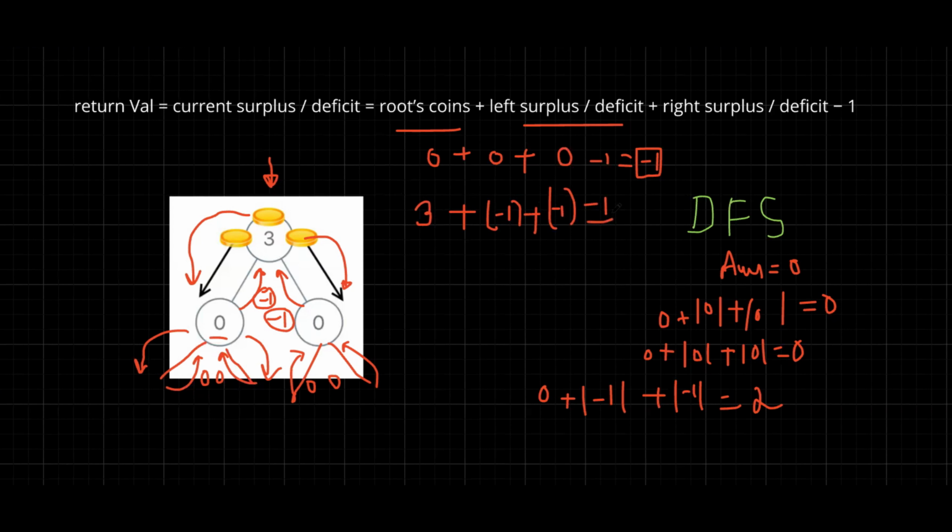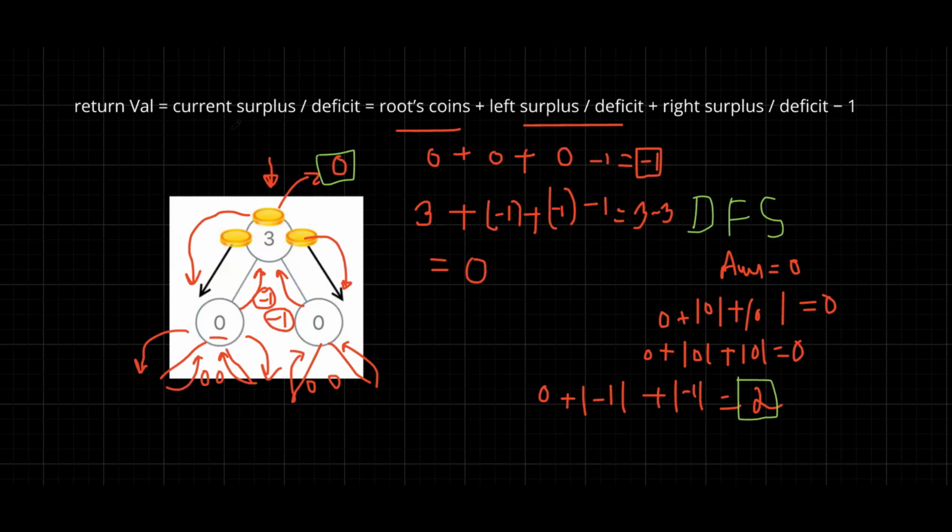So why are we expecting minus 1? Because each node must have one coin in it. So it will be 0. That means 3 minus 3. Now the root 3 will return the value 0. So here, we have completed the iteration and our root node is returning the value 0 and our current answer is 2.